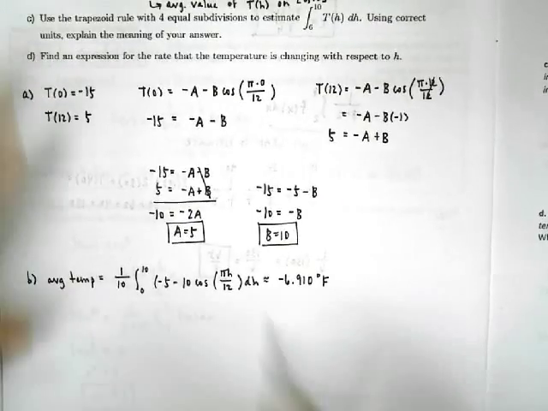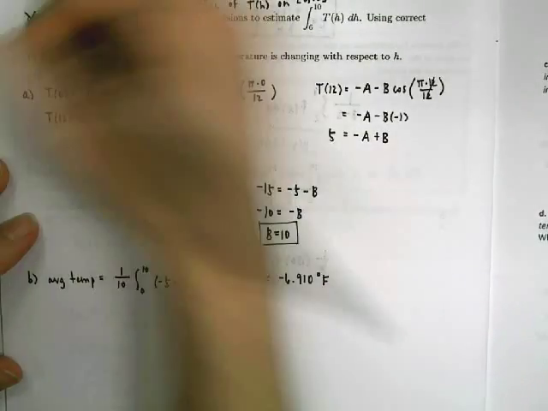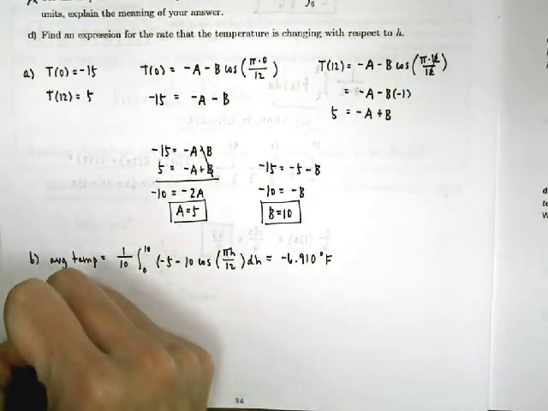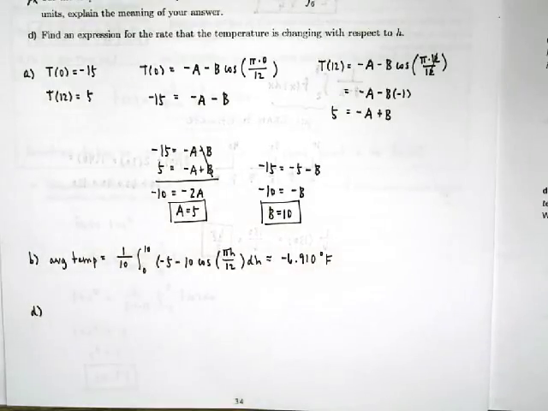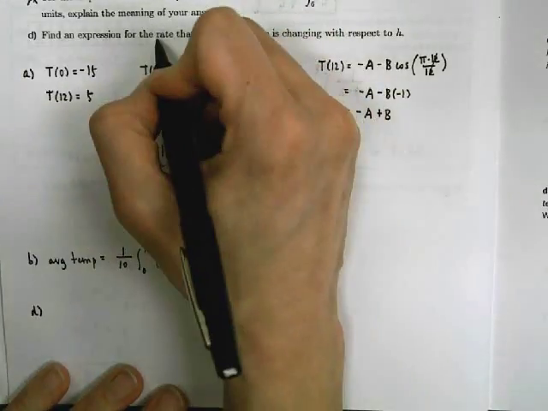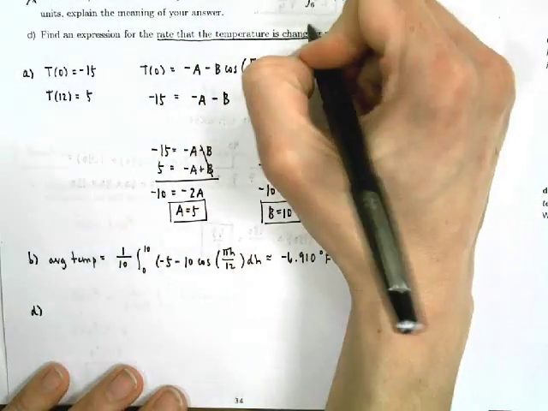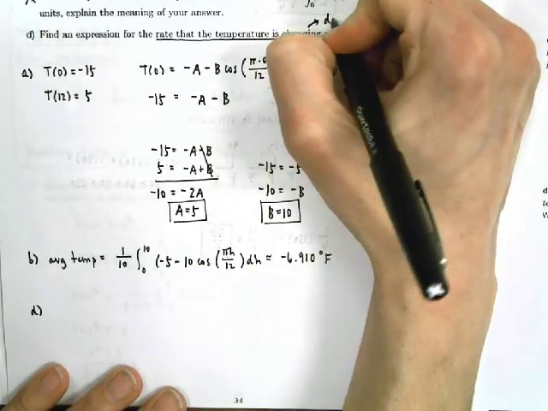Now, we're going to skip part C. I don't think it's actually all that meaningful, so we'll skip it for right now. And we'll look at part D. For part D, it says find an expression for the rate that the temperature is changing with respect to H. If I want the rate that the temperature is changing, I know I'm just looking for the derivative.